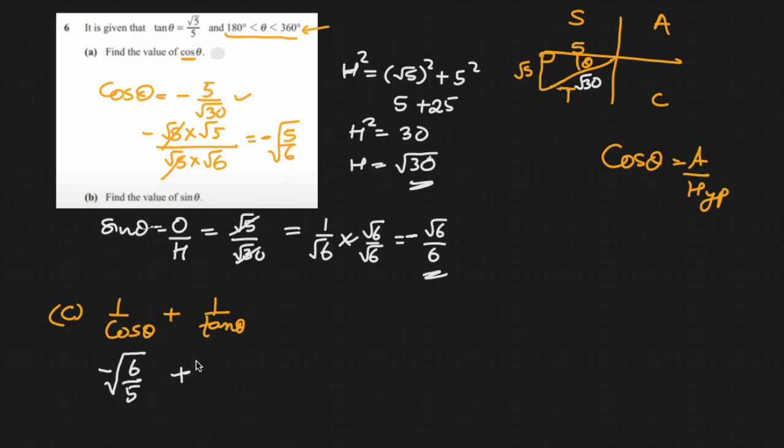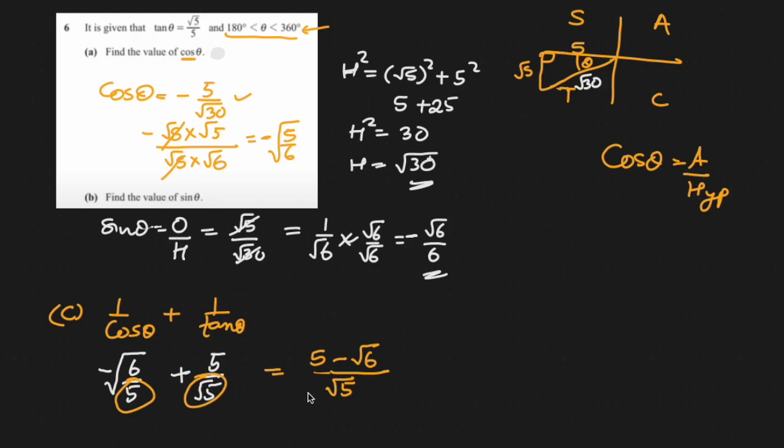Okay. Plus tan theta was square root 5 over 5, so it will become 5 over square root 5, the reciprocal of tan theta. Since their denominators are exactly the same, we can simply add them. Square root 5 is common, so it will become 5. I will write this one first: 5 minus square root 6.